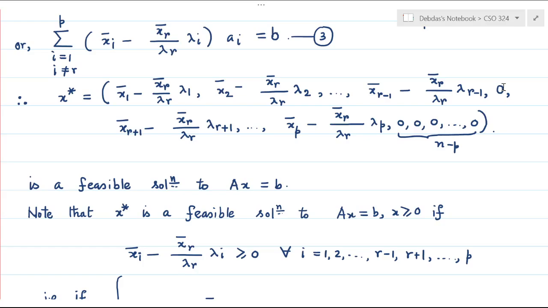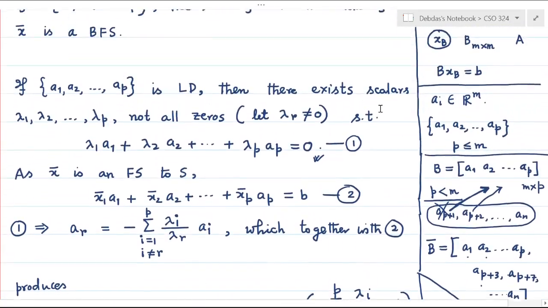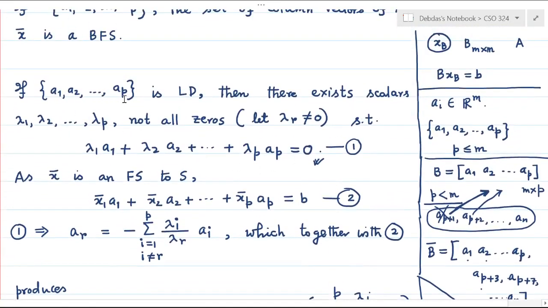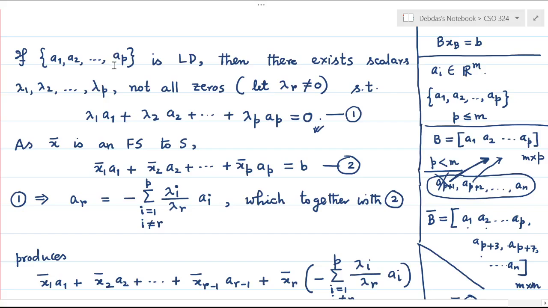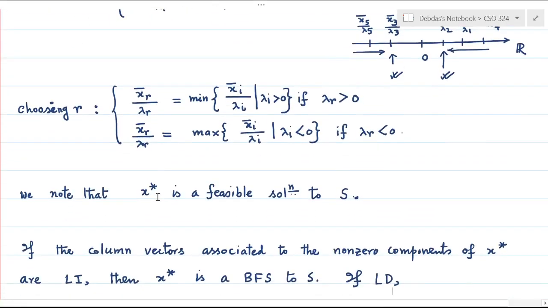And once you have reduced the number of non-zero components of X bar, you are reducing this set a1, a2, ap. You are dropping out a few vectors, and then you check whether that reduced set is linearly independent. If it is, then indeed X star is a basic feasible solution.